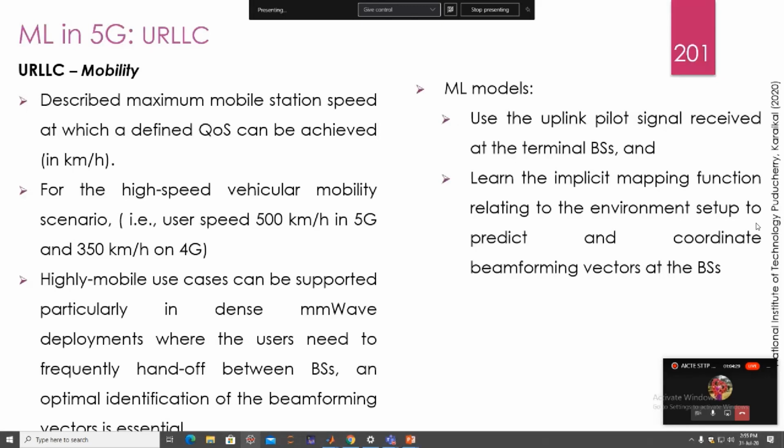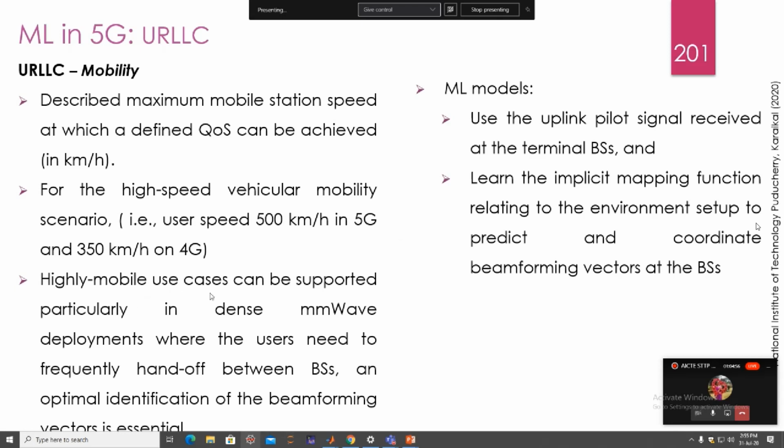Next we'll come to mobility. So mobility of the data. Basically, it is defined by the maximum mobile station speed at which a defined quality of service can be achieved. So for a high-speed vehicular mobility scenario, the user speed is basically 500 km per hour in 5G, whereas in 4G this is 350 km per hour.